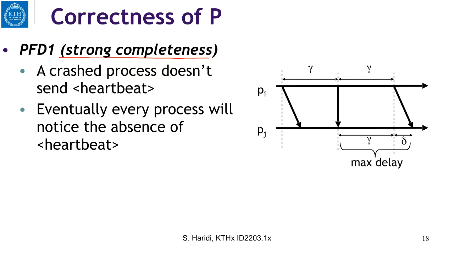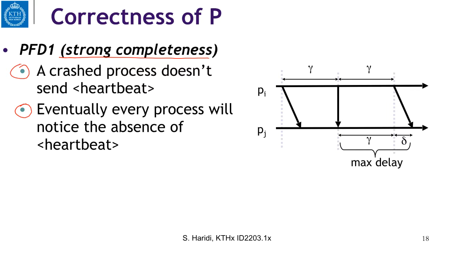A crashed process does not send a heartbeat. So eventually, every process will notice the absence of the heartbeat. And as we have seen, a process will declare that another process has crashed if it did not get the heartbeat within gamma plus delta.